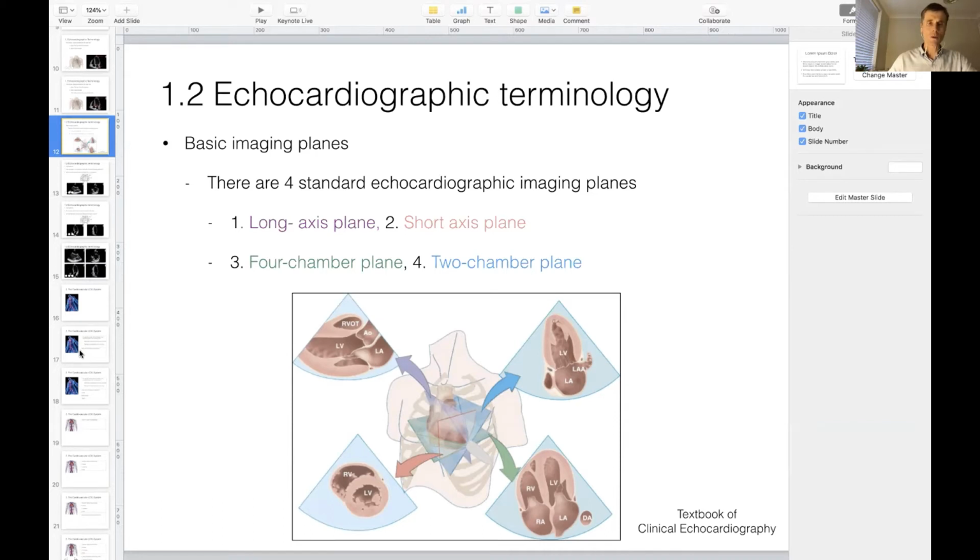I'm talking about the way that you slice through the heart with your 2D ultrasound beam. So there are 4 standard echocardiographic imaging planes: the long axis plane and short axis plane, the 4-chamber plane and the 2-chamber plane. And I'll go into each of those in a little bit more detail here.